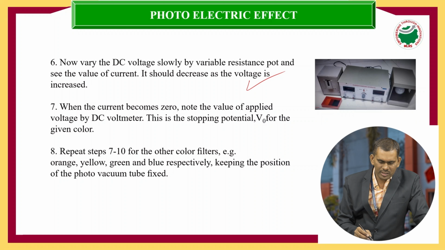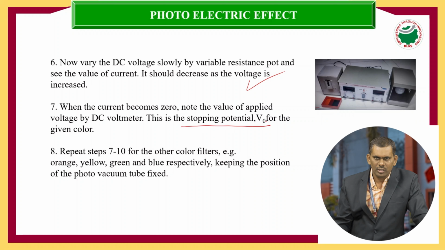At a certain DC voltage, you can observe that the current becomes completely 0. That particular voltage we applied to bring the current to 0 is called the stopping potential V0. Repeat it for 7 to 10 filters, meaning different color filters, and calculate the stopping potential values for different wavelengths.